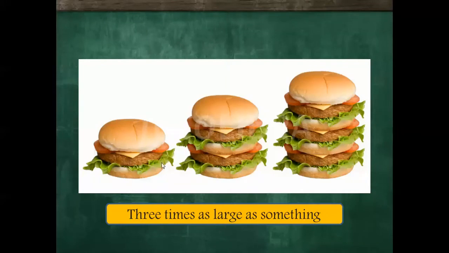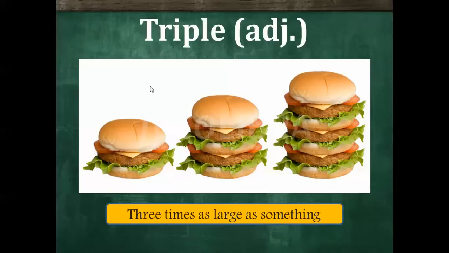Then we see the difference in the sizes. Three times as large as something. The last one is three times as large as the first one. We call it triple. The word is an adjective.